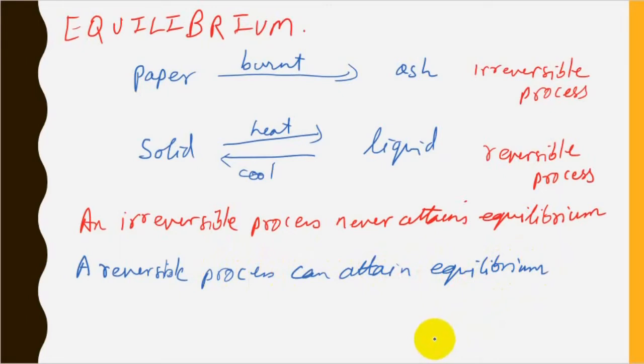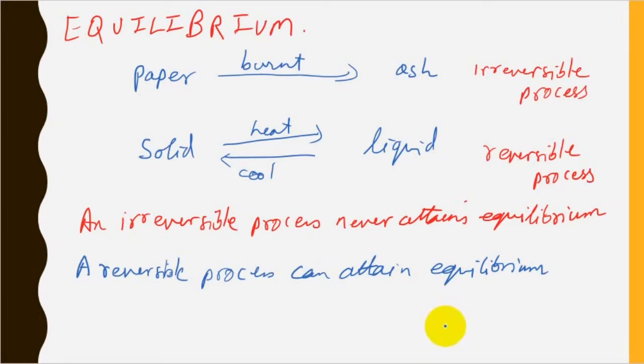Now, it does not mean that all reversible processes will attain equilibrium. Clear? When I take a reversible process, there are two processes taking place. One I can term forward, another I can term backward, isn't it? It's not that forward can take place under one condition and backward under another condition. They have to take place at the same time.